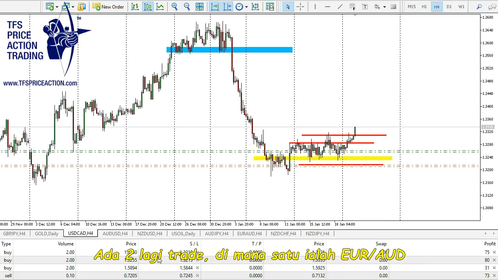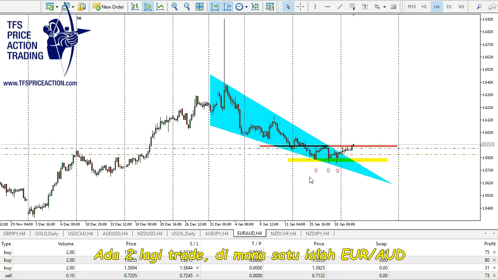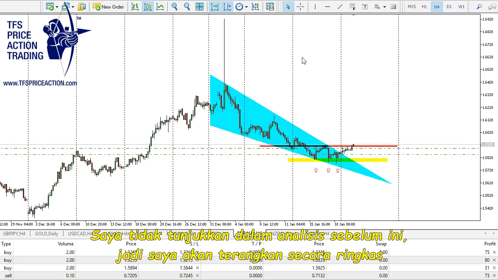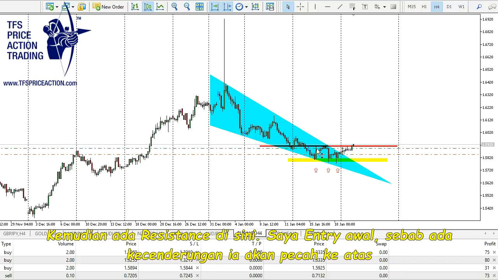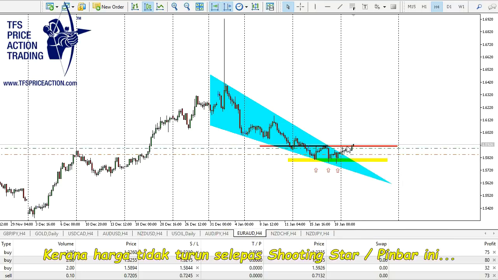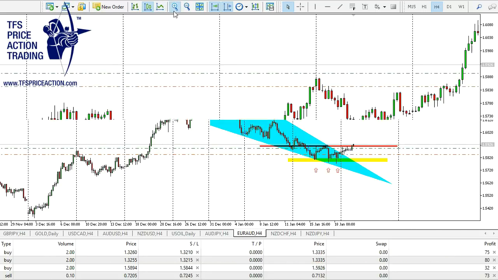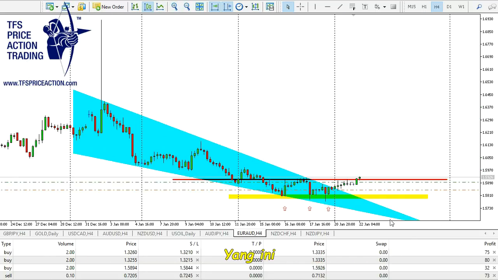The other two trades, one is Euro AUD. I didn't cover this in the earlier analysis, so I'll just show you. It's just a pattern breakout. You can see the triple bottom, and then there's a resistance level here. I took an earlier trade because there's a tendency that it's breaking up, because the price didn't go down after this shooting star or pin bar formation over here.